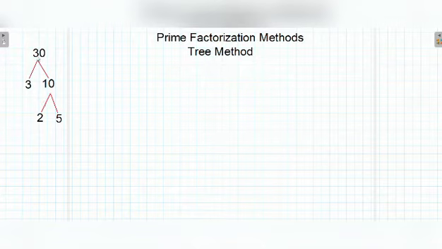So we finished the tree diagram, or the tree method, and we get the prime factors for 30: 3, 2 and 5.